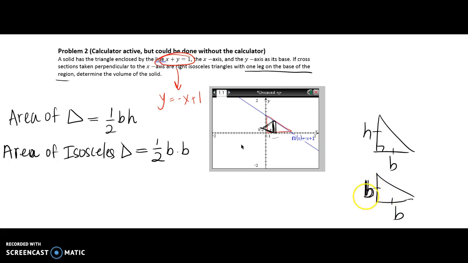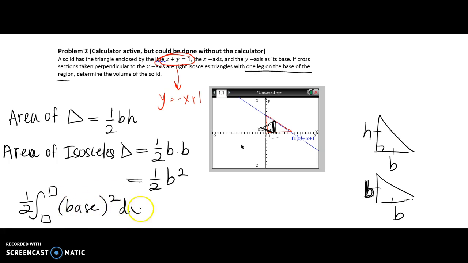That's all I've done here to help myself with my integral expression in a minute. That is absolutely 1/2 base squared. If you can get on board with that, then the integral is going to be from some value to some value of the 1/2. Remember, I like to take constants out of my integral expression of the base of my triangle squared.